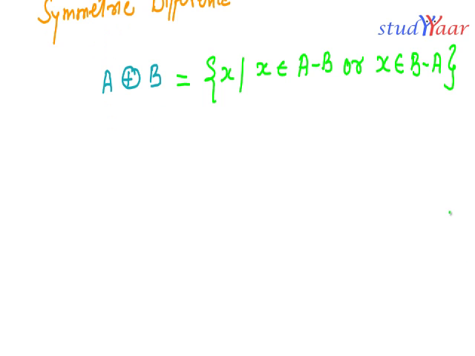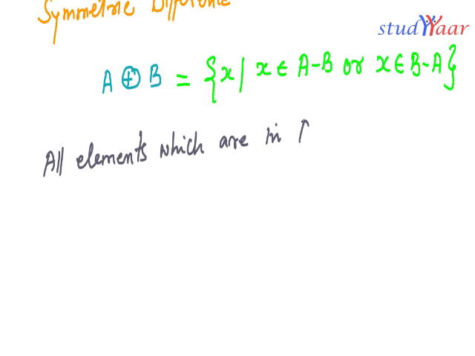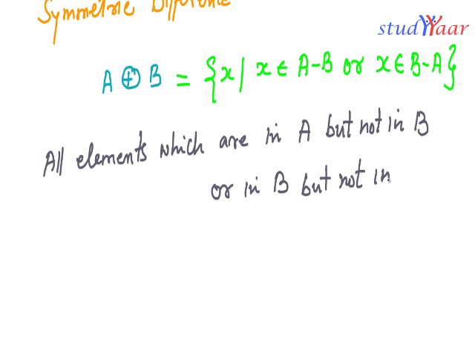So what this basically means is it contains all elements which are in A but not in B, or in B but not in A. If you do the literal translation of this thing, you are going to get this.